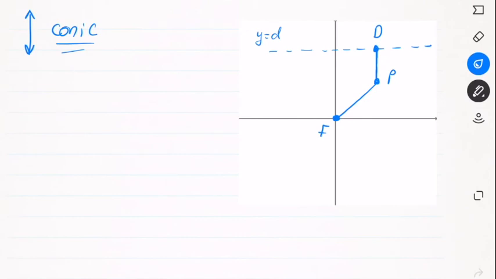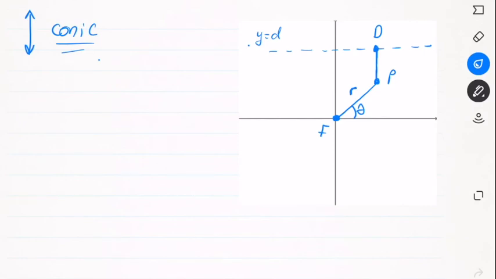All right, so for an up-down conic, the picture changes a little bit. Now we have y equals d as our directrix, and things just turn from horizontal to vertical. So DP is now a vertical line segment. But theta is still here because we're still talking about polar coordinates, and we're opening up this FP, which is still going to be this length of r.